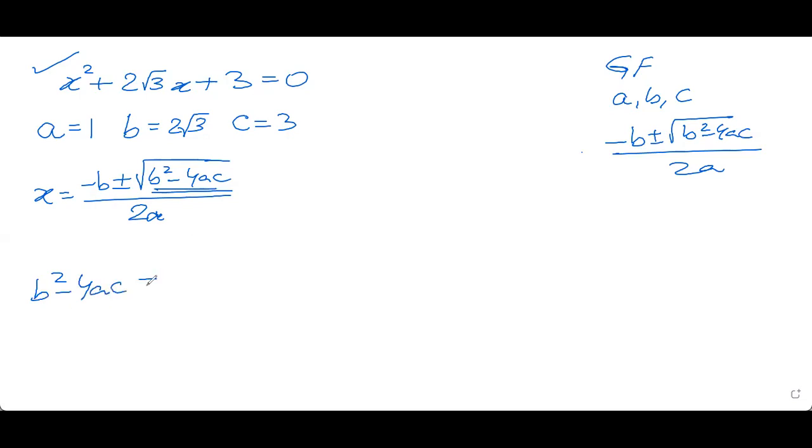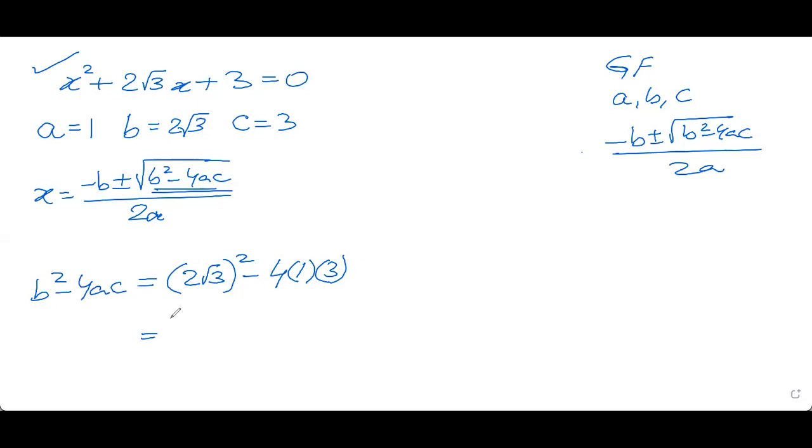Now when we put the values here, 2 root 3 whole square minus 4 into 1 into c. 2 root 3 whole square means 2 square and root 3 square. 2 square is 4.